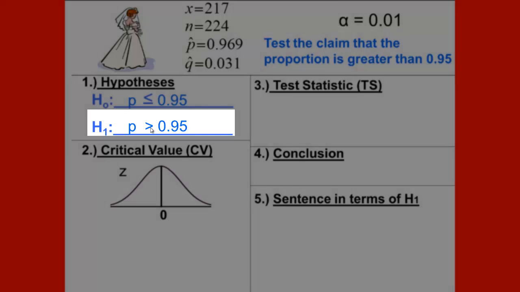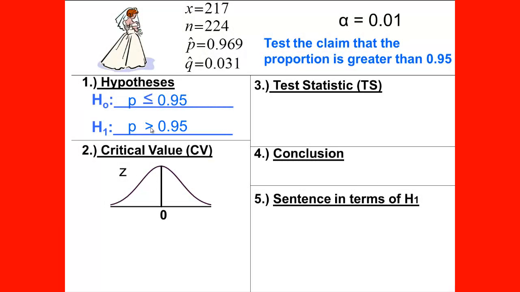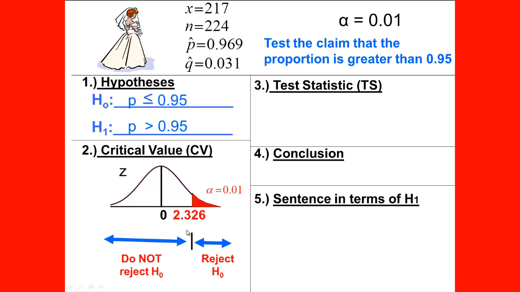And using a one-tailed test and 0.01, you will go to the bottom of your chart and find that your z value is 2.326. And that gives you the right-tailed test with the area in one tail of 0.01. That gives us the reject region to the right and the do not reject region to the left.